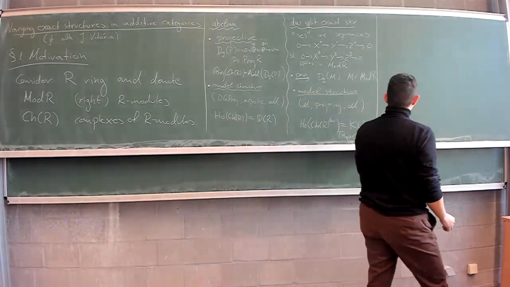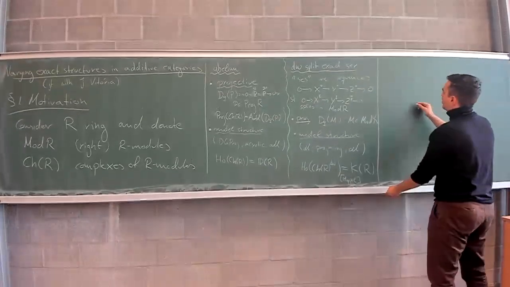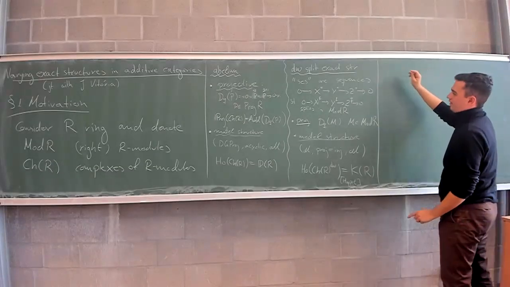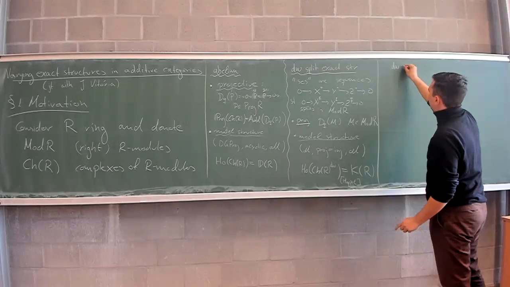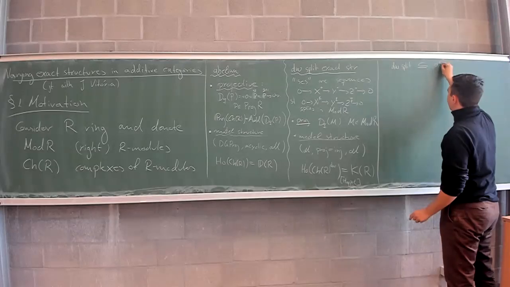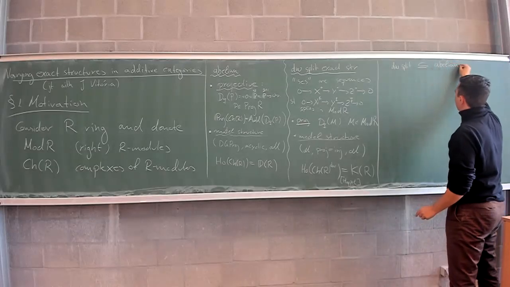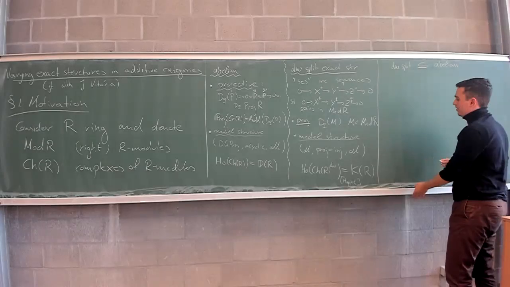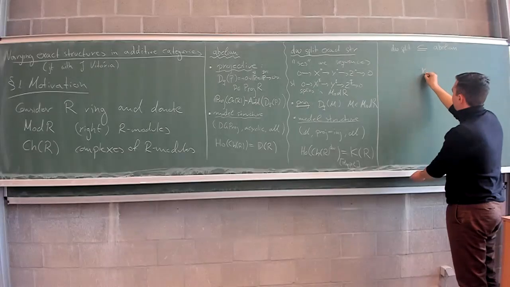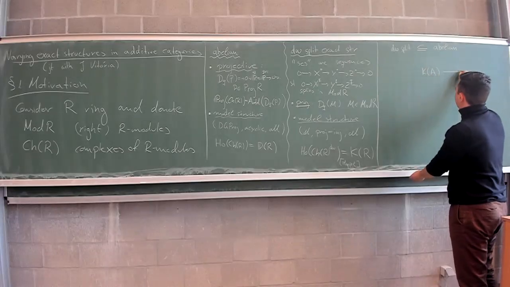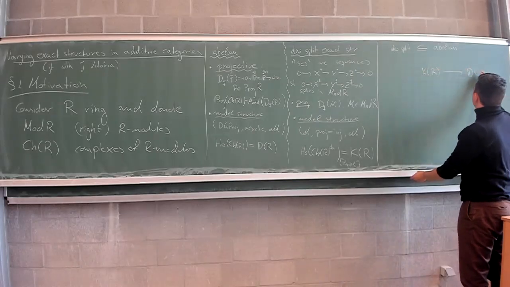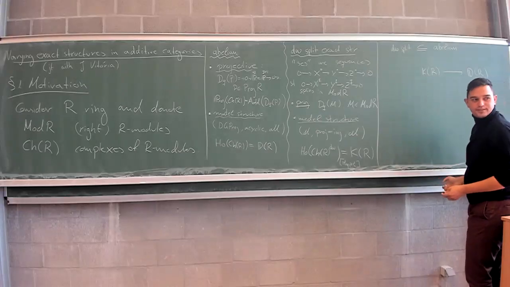Now it is a well-known fact, actually let's start with the fact that the degree-wise split exact structure is a substructure of the abelian one. Okay? Is it clear? So this inclusion of exact structures here is going to induce a map between the homotopy categories.